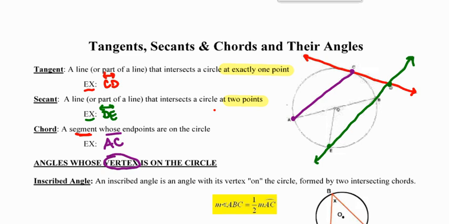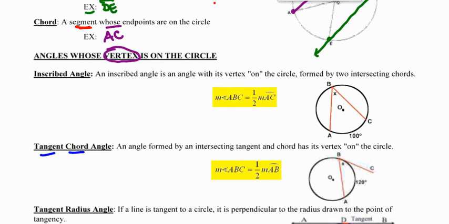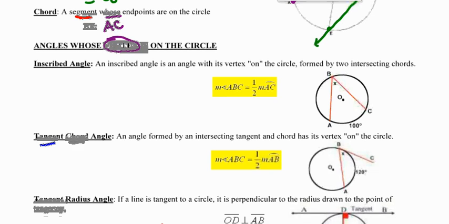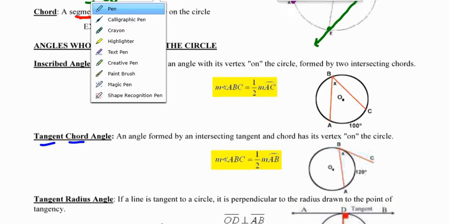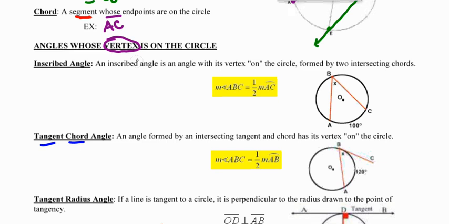If we think back to the first video in this unit, we think back to inscribed angle. Remember, an inscribed angle is an angle that's formed by two chords. His vertex is on the circle. So when I look at the picture here, the vertex of this angle is going to be point B. It's the point where the two sides come together. And remember from the first video that the measure of an inscribed angle is going to be equal to half that of its intercepted arc.